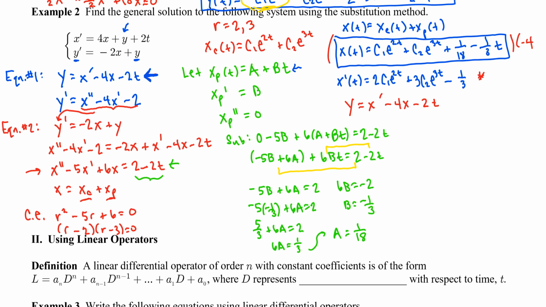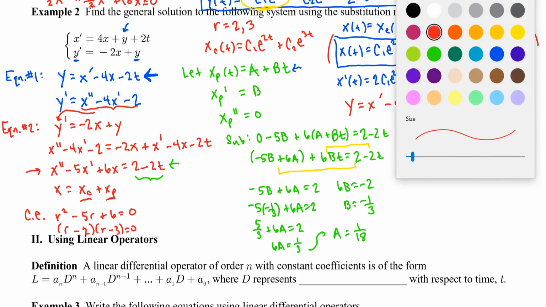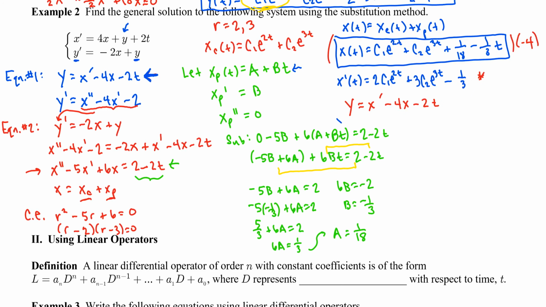So negative 4 is what I'm multiplying by here. Let's generate our solution y of t. So we're going to take the term from x prime, 2c1 e to the 2t, minus 4 times the corresponding term from x of t. So we would end up with 2c1 minus 4c1. That gives me minus 2c1 e to the 2t. And we're going to just tack that minus 2t onto the end.